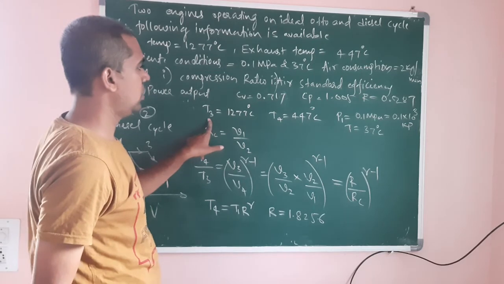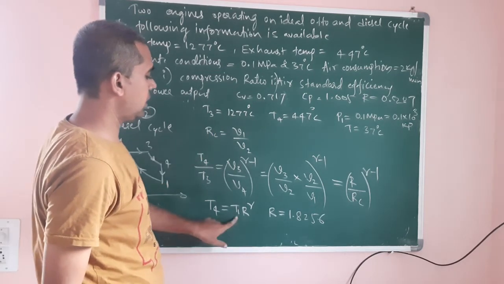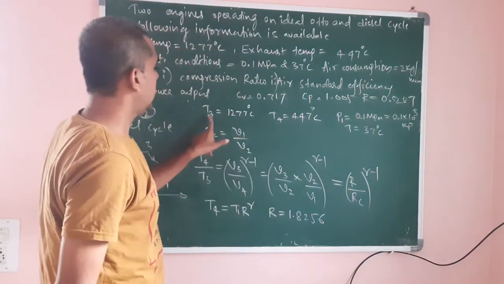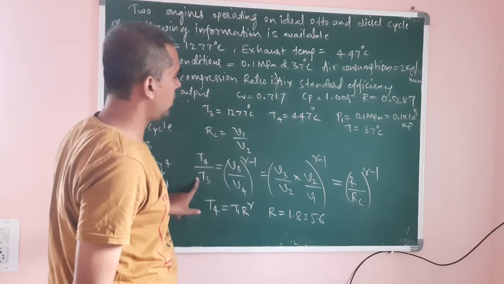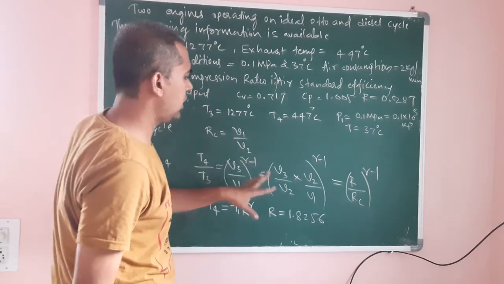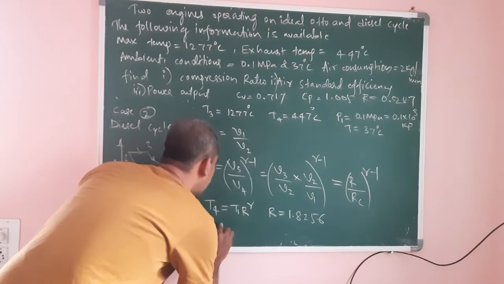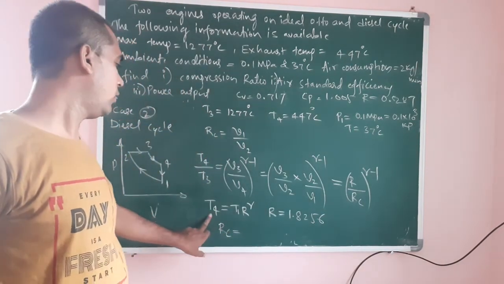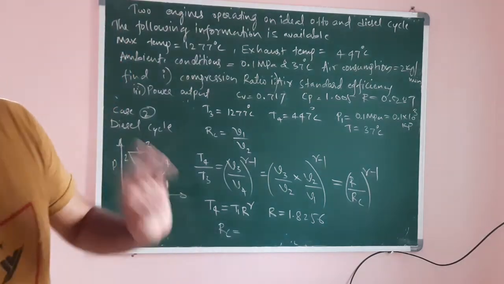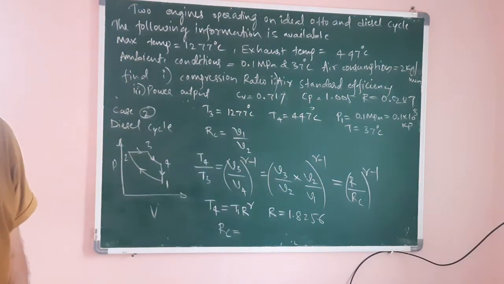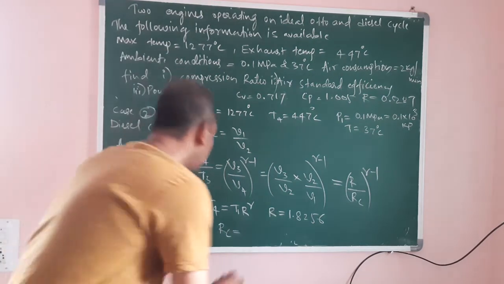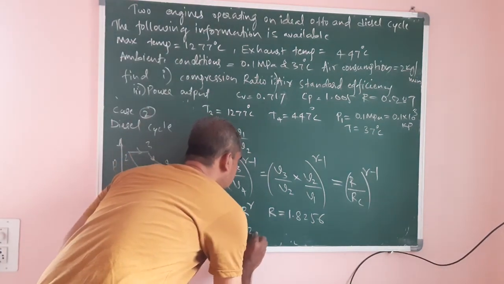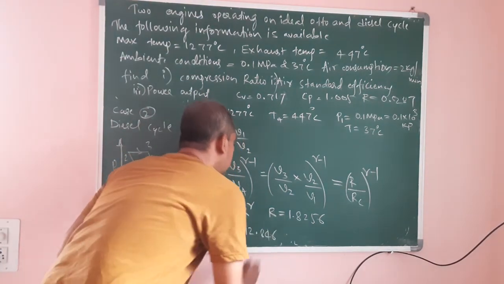T3 equal to, you know that value, T1. If you substitute here, you will get the rc value. For this derivation, T4 equal to T1 r raised to gamma, refer to my previous lecture video. Therefore r equal to 12.846. This is one way.